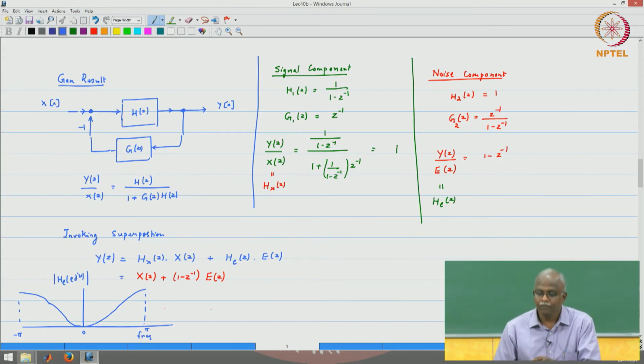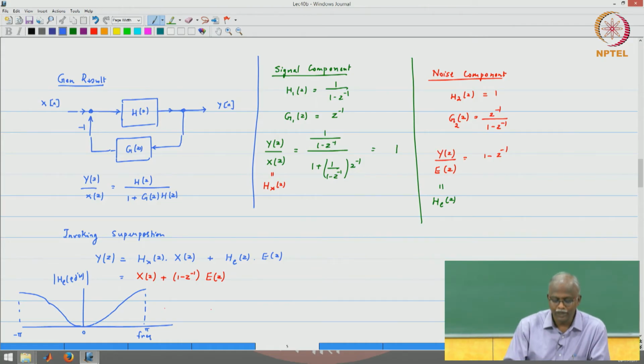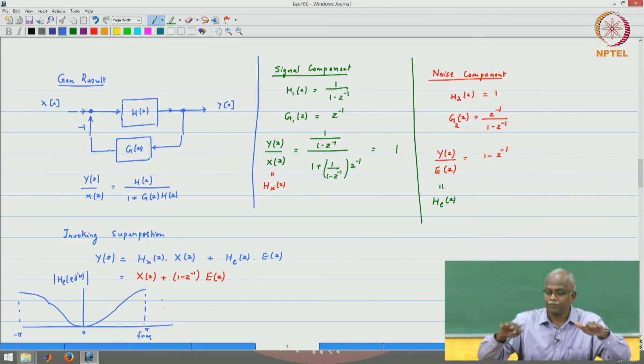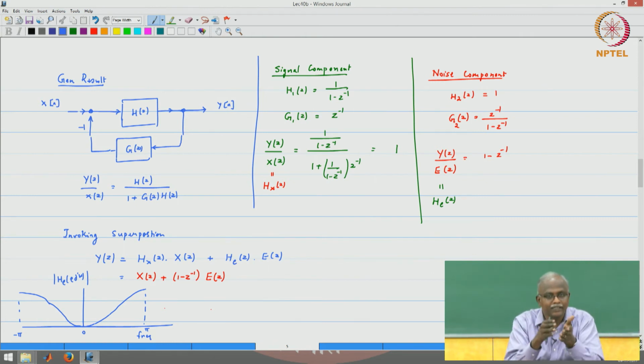So, my error signal has got a spectrum which is flat. Okay. If you multiply by this transfer function, what is going to show up at my output is the original flat spectrum multiplied by a high pass spectrum, which means the energies in the low frequencies have been eliminated and the high frequency components are still left there.